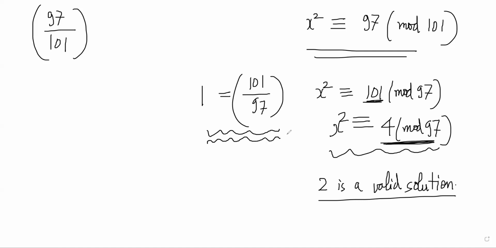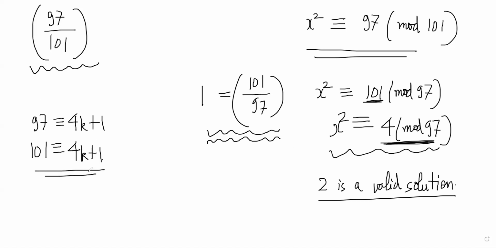And if this symbol is +1, now we have to guess what should be the value of the other one, right? How do we guess that? Look at the primes. 97 is of the form 4k plus 1, and also 101 is of the form 4k plus 1. We have seen from the alternative form of quadratic reciprocity that if any of the primes is of the form 4k plus 1, both the symbols will have the same nature.